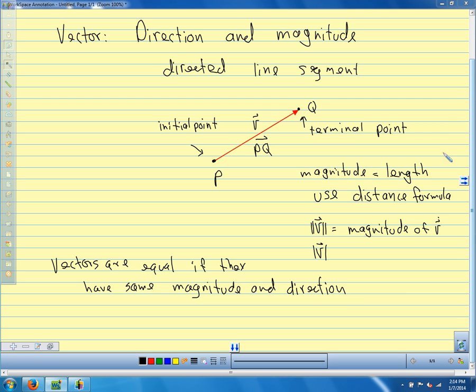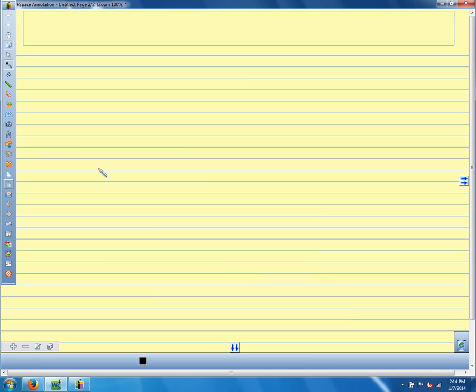So let's look at an example. Let's figure out if we have two equal vectors here. So we have a vector V from 0, 0 to 4, 5.